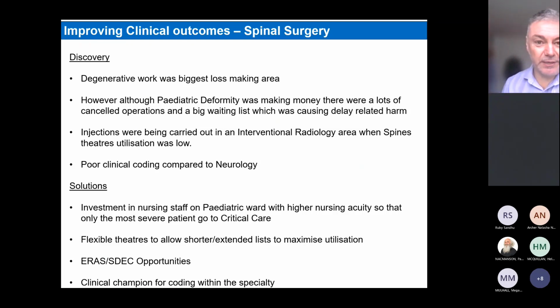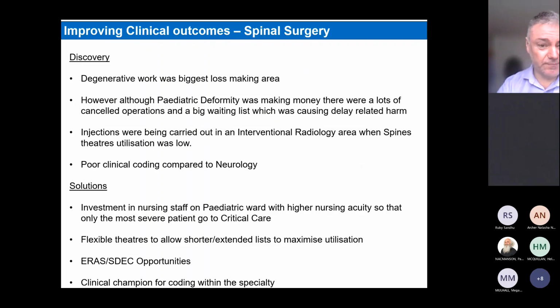We'd got injections that were being carried out in an interventional radiology area, but spines were not utilising all of the theatres, so they could have used theatres to do the injections. And we've got poor clinical coding compared to neurology. So again, this was the spine saying we only do complex stuff, and the coding was saying, well, actually, no, there's a lot of stuff that's not complex in here.